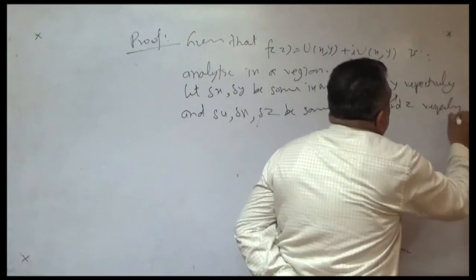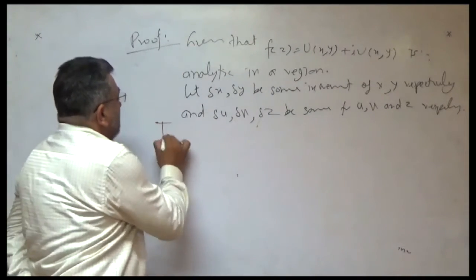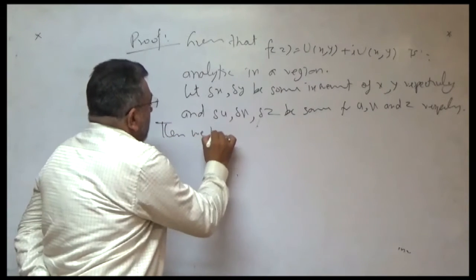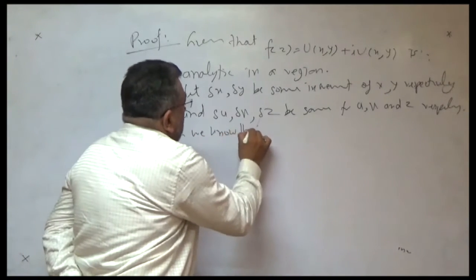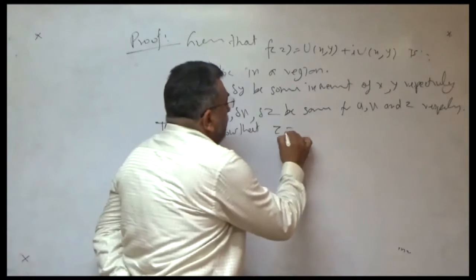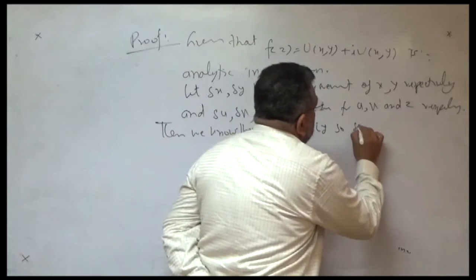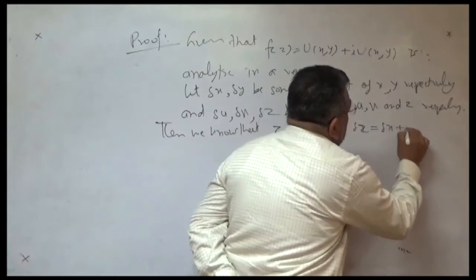Then we know that z equal to x plus iy, so del z equal to del x plus i del y.